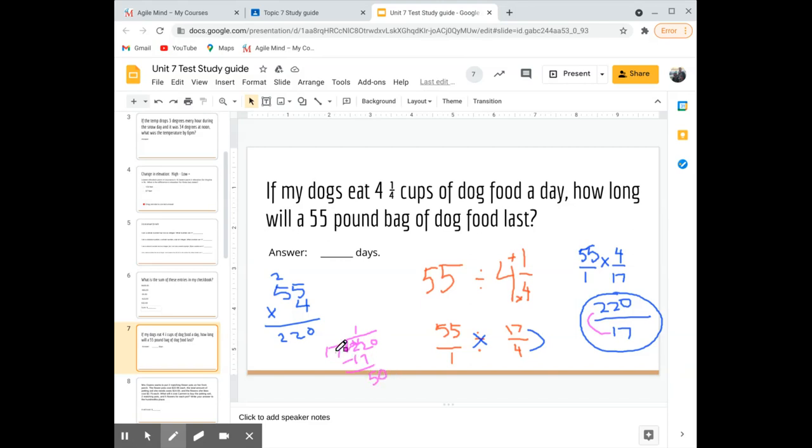All right. How many times will 17 go into 50? 2 times. Okay. 2 times 17 would be what? 34. Good.